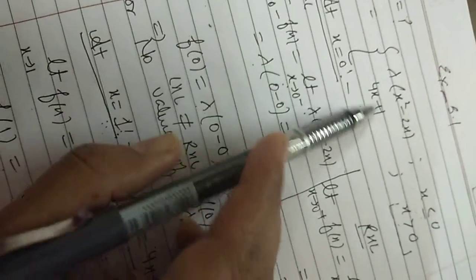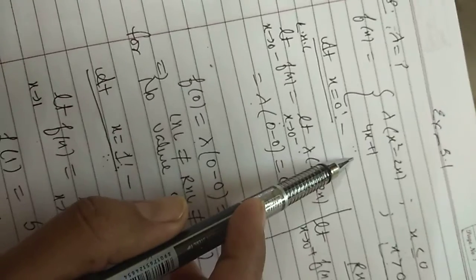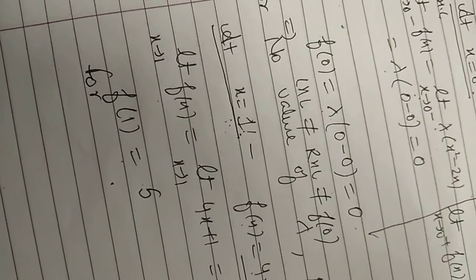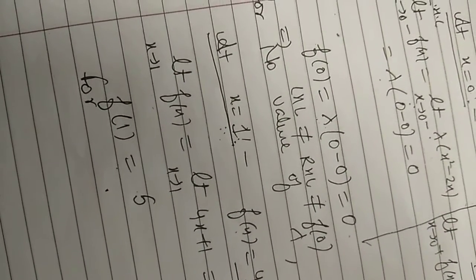Reason being, there is only one function here, and this part is independent of lambda, so it has no connection with lambda. Whatever be the value of lambda, it doesn't bother this function.